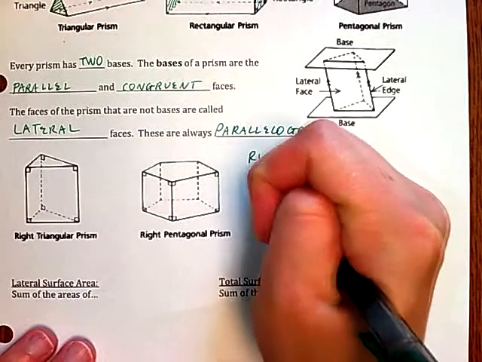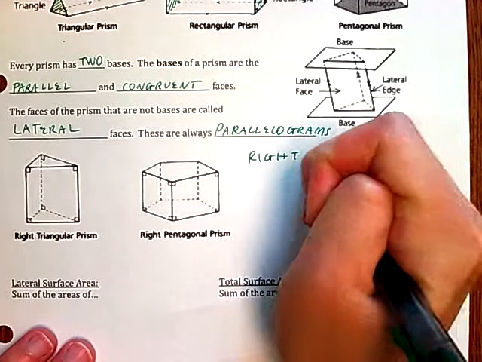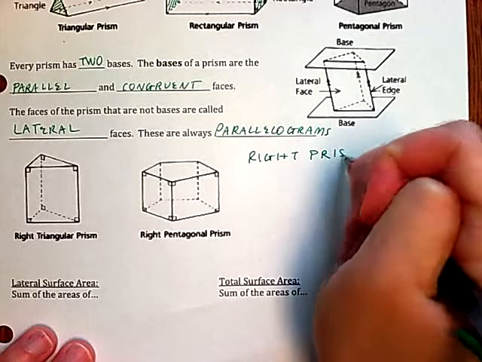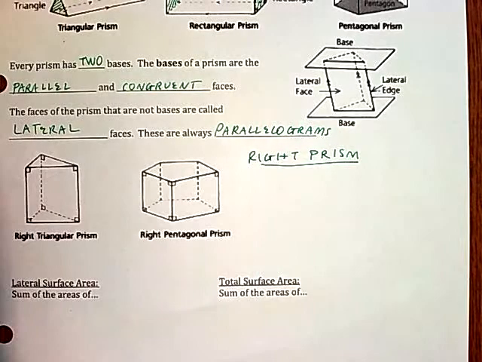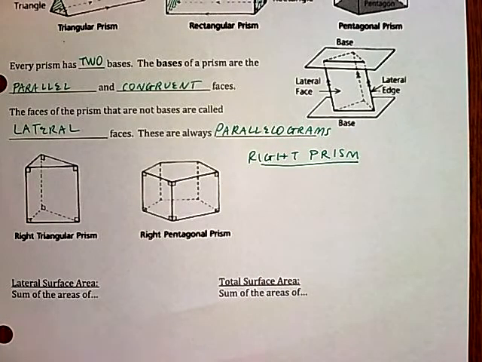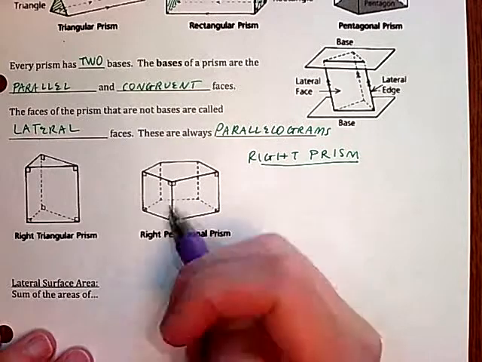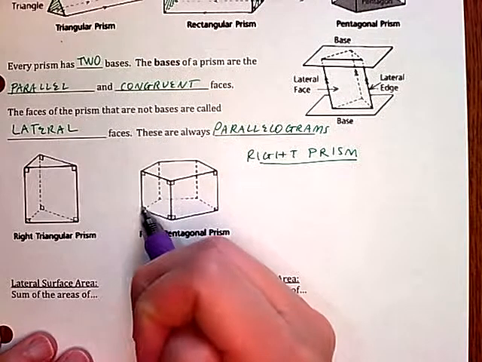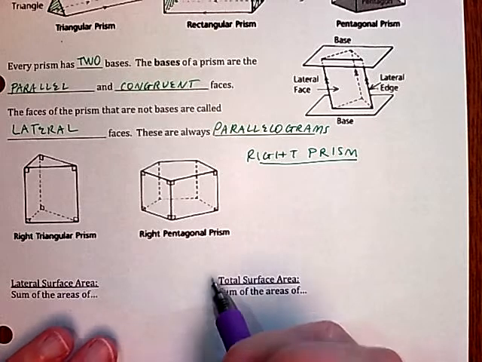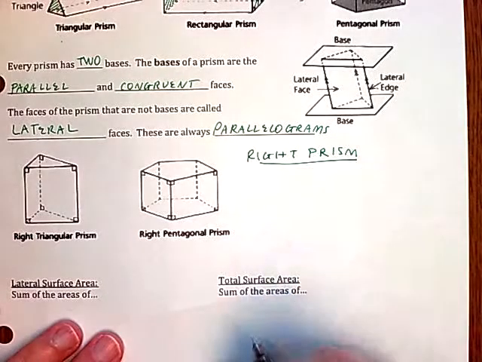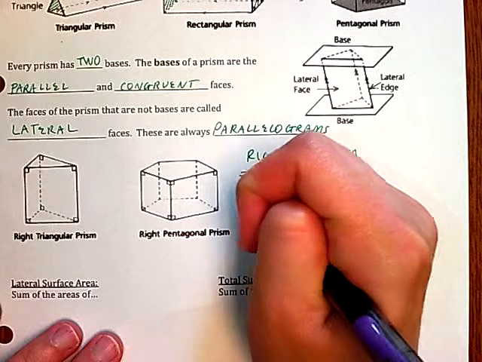So a right prism, these are two examples, is where the lateral edges, the edges that connect the two bases, are perpendicular to the bases.